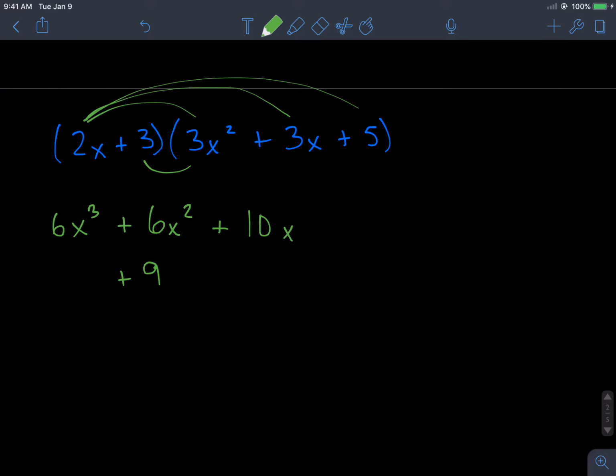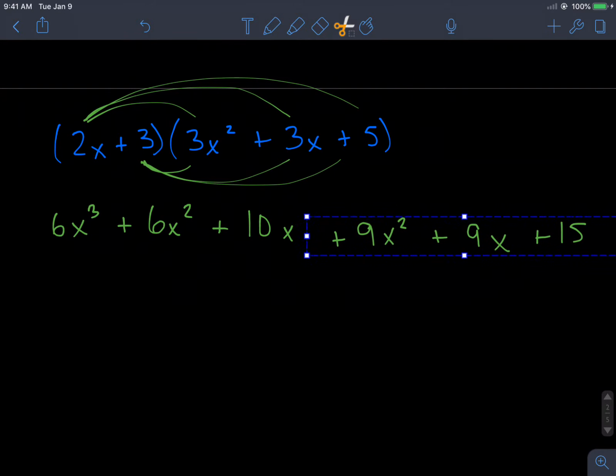So let's put that below the x squared that we already have. Okay, when we send 3 to the 3x, that's going to give us a positive 9x. And then 3 times the 5 at the end, that's plus 15. Okay, and now this is nice and organized. We can just add our like terms straight down and get an answer.